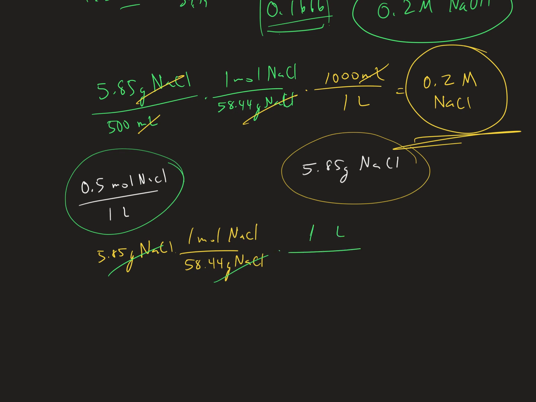So 1 liter of solution to every 0.5 moles of NaCl. And somebody do the math, make sure I didn't goof. Should be 0.2 liters or 200 milliliters. Is that right?